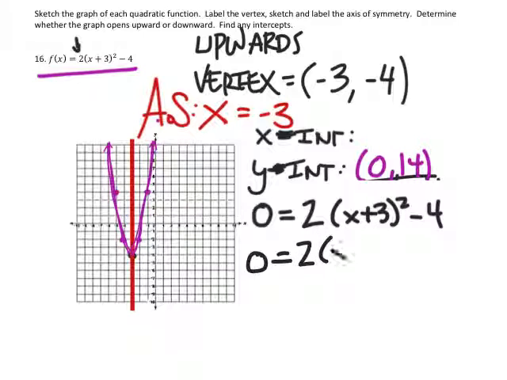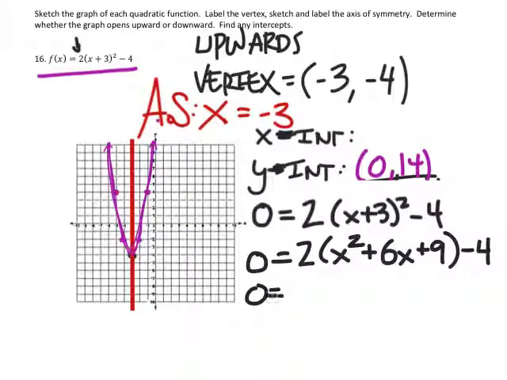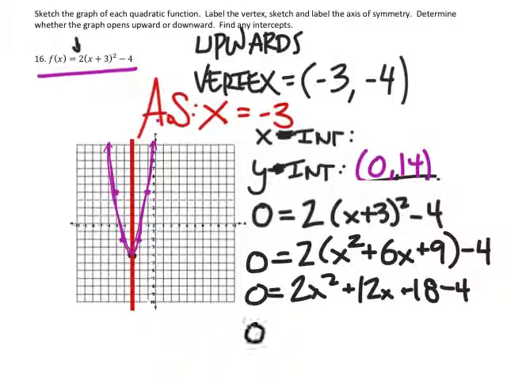So I would get x squared plus 6x plus 9. This is minus 4. Well, I've got to distribute that 2. So I've got 2x squared plus 12x plus 18 minus 4. Finally leaving us with 2x squared plus 12x plus 14.